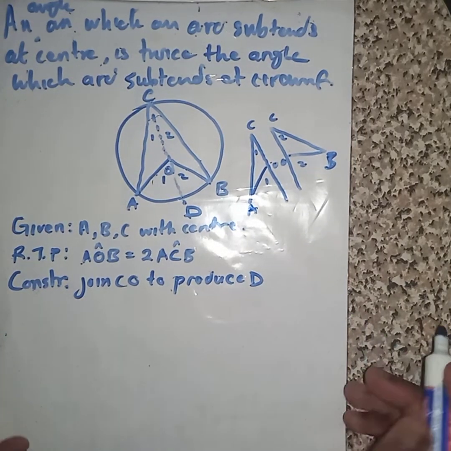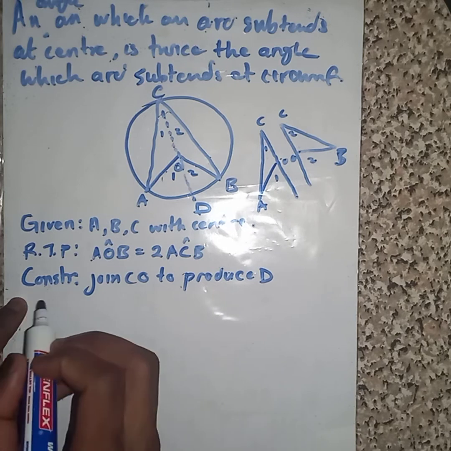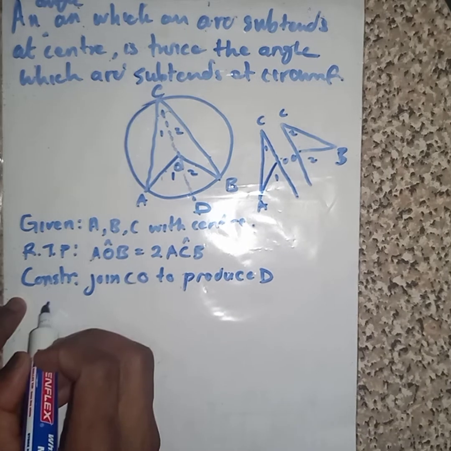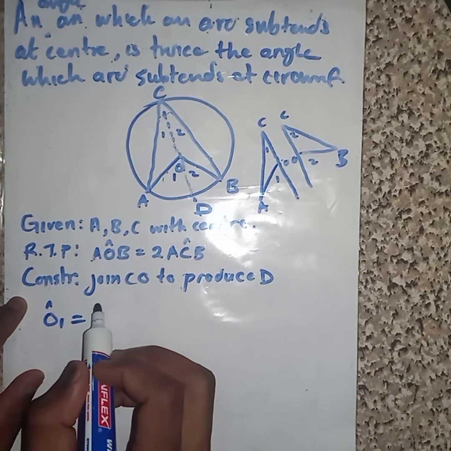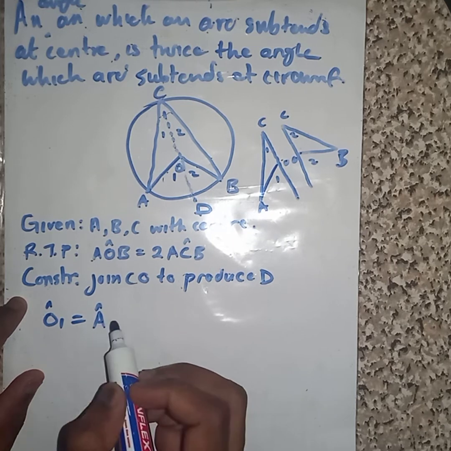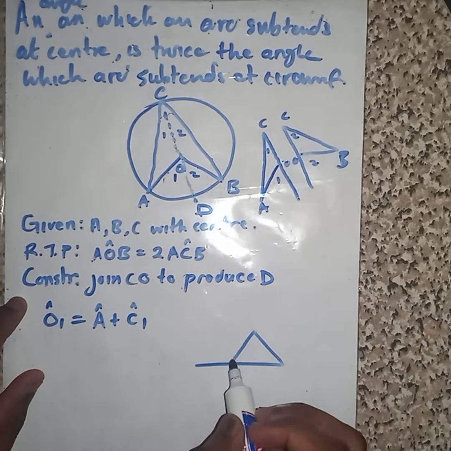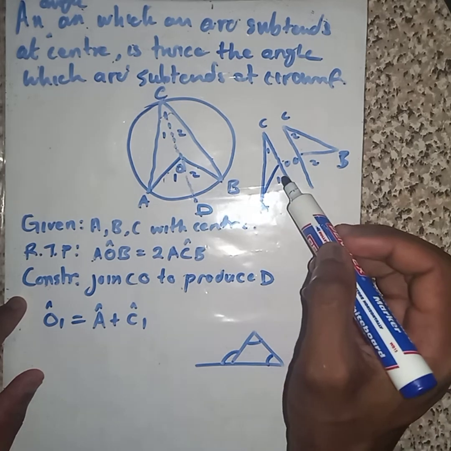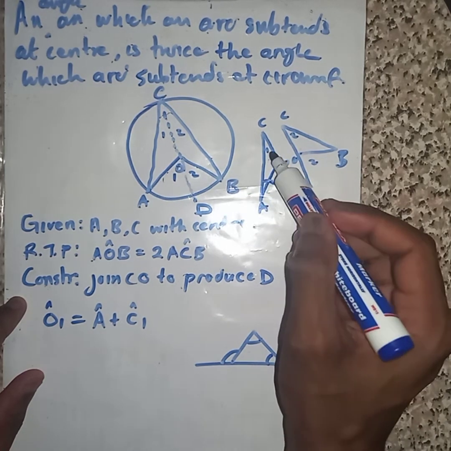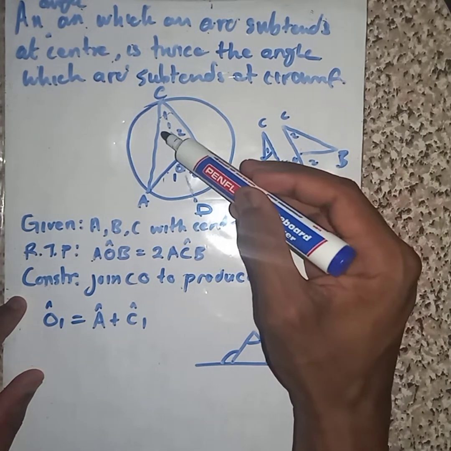Then how are we going to proceed now? From grade 10, you did these things: angle O1 is going to be equal to angle A plus angle C1. Do you still remember this thing from grade 10? An exterior angle. You see, O1 equals this one and this one.